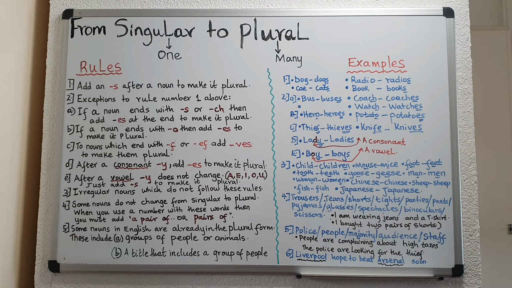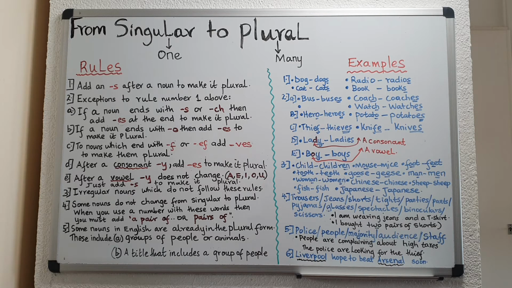So if you have a word or a noun that ends with Y and the letter just before the Y is a consonant, then you have to add ES to make it plural. So you remove the Y and you add IES.